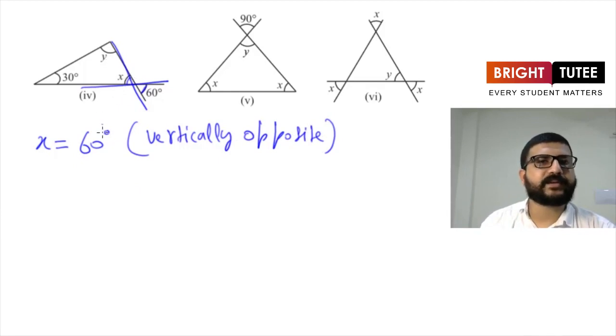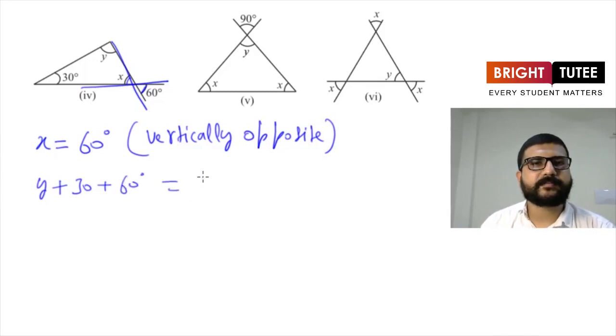Now how to get the value of y? Again, angle sum property. So it will be y plus 30 plus x, which is 60 degrees. Now this sum is equal to 180 degrees by angle sum property.